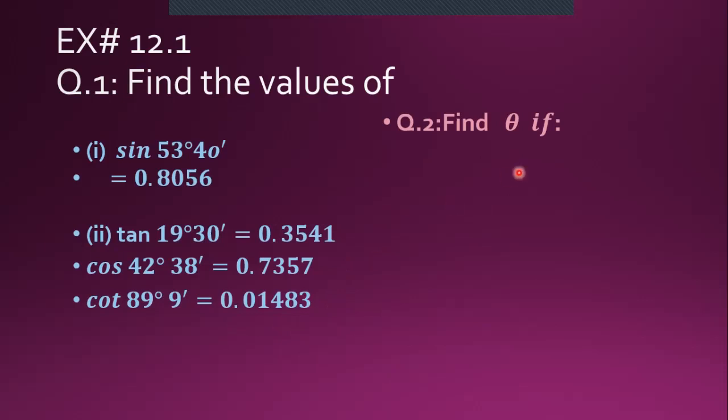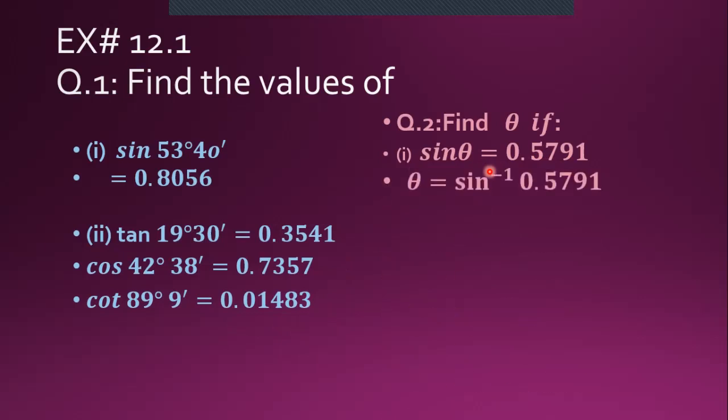What is question number 2? Find theta if sine theta is equal to 0.5791. Simply you will apply the inverse on both sides, or we can say that when this sine is shifted onto the other side, it becomes sine inverse of 0.5791. And just by applying sine inverse, the answer becomes 35.38.